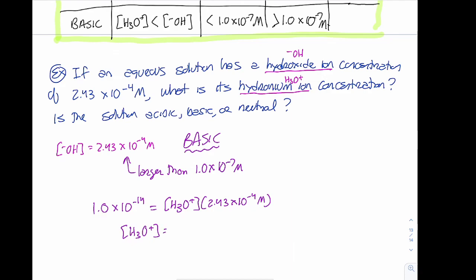Grabbing my calculator, please type this in also. I want to make sure everyone's using their calculator correctly. You do need to use the scientific notation button on your calculator, or make sure you use parentheses every time you type it in. And I get 4.1 times 10 to the negative 11th molar.